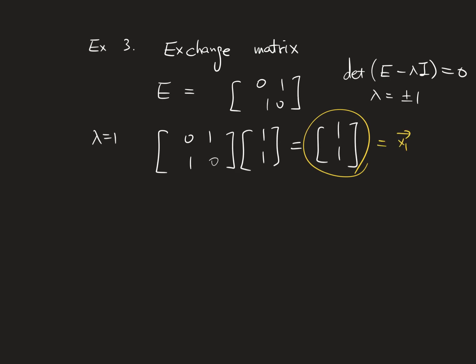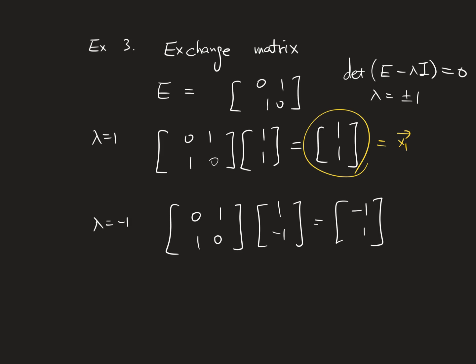And then lambda equal to minus 1, and we have 0, 1, 1, 0 times 1, minus 1 equal to minus 1, 1. So this will be x2. And so we have two eigenvectors and two eigenvalues here.